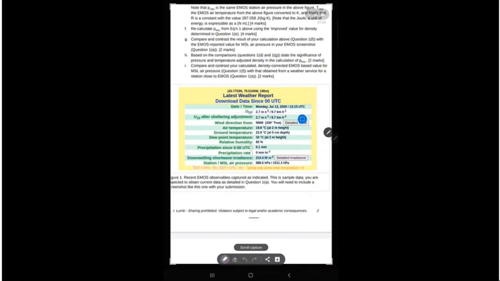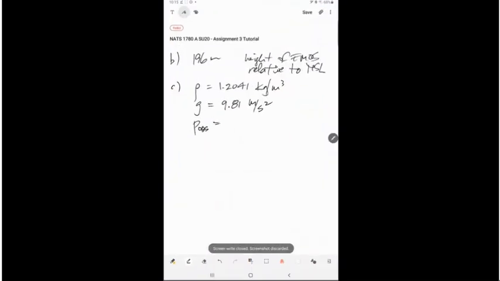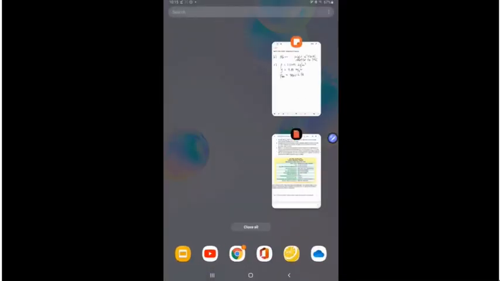That's by design, and the value that we're interested in here is the value at the station, which is our 988.0 hectopascals. Let's put that down as our P observed, 988.0 hectopascals.